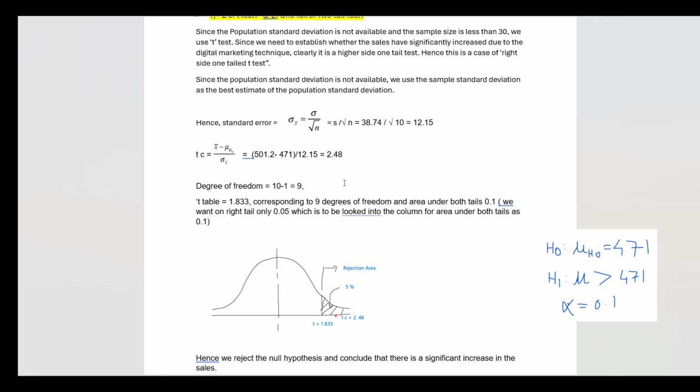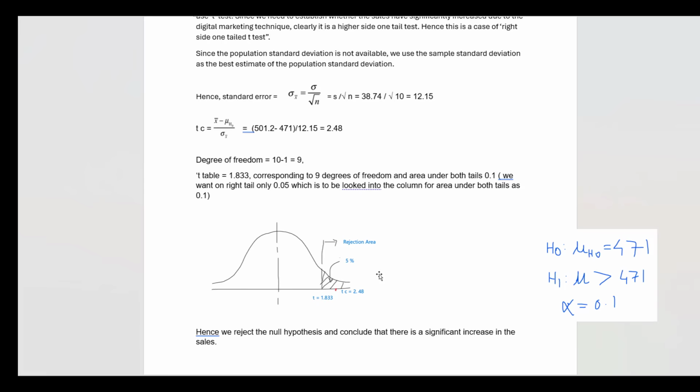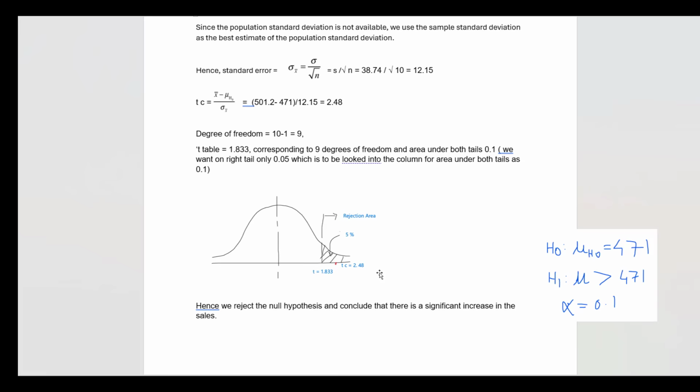So in this case we accept the alternate hypothesis, and we conclude that the sale has significantly increased more than 471, in this case at 10% or 0.1 significance level.